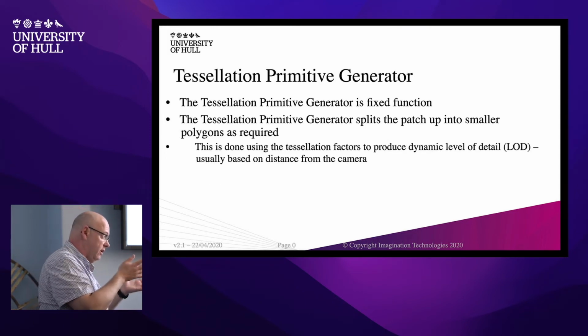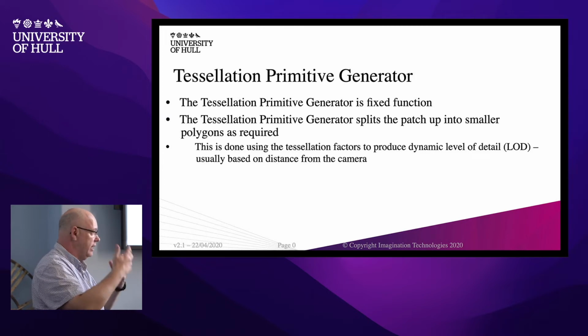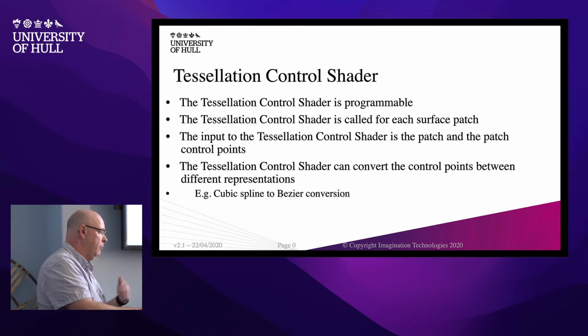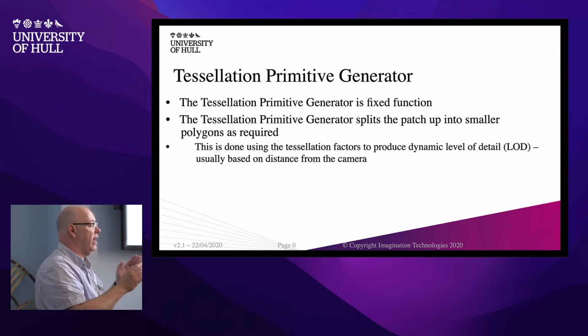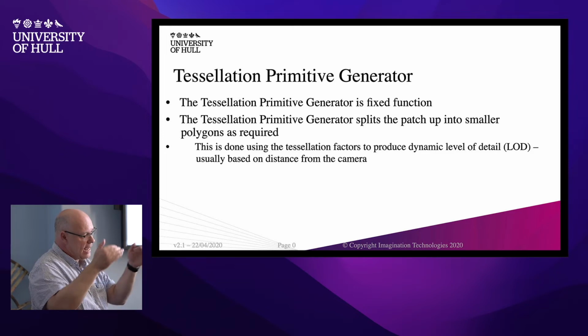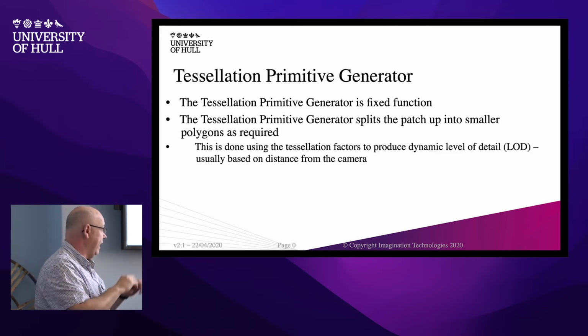The actual primitive generator comes on. Now this is fixed function, so you can't write your shader for it, but it's highly customizable. Essentially, this is the thing that takes the output of the control shader and goes, right, you want me to split it up like that, do you? Right, fine. And it will create the required new polygons for the tessellation, okay?